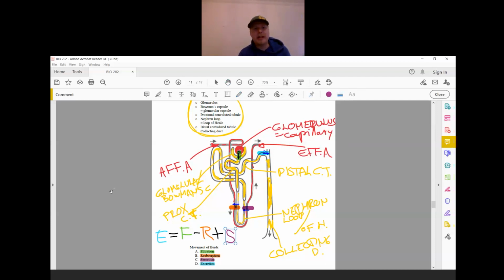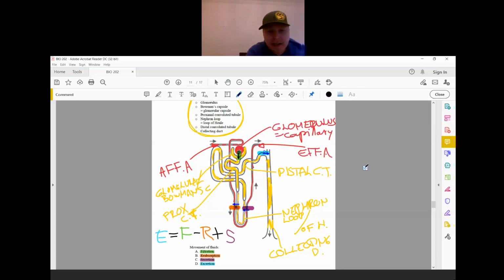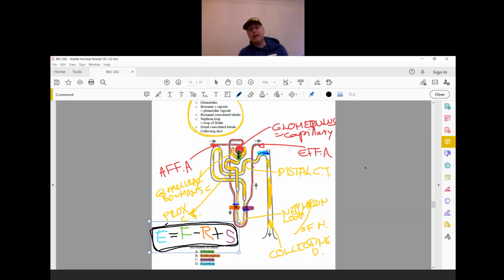So you could use that as a formula if you want to clarify to yourself the movement of each of these materials in a nephron. I don't know if you find it useful. Some students of mine in the past found that it helped them to remember what was going on.